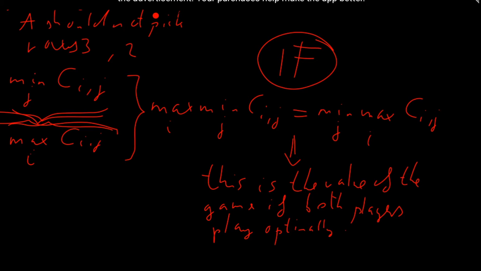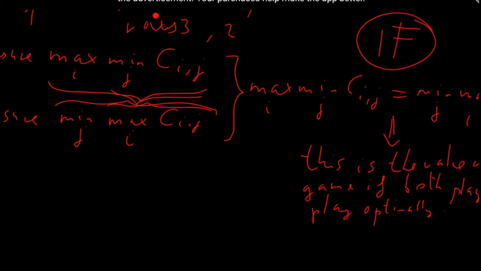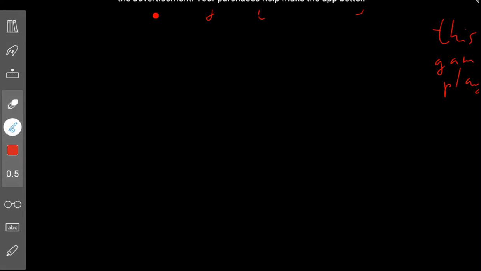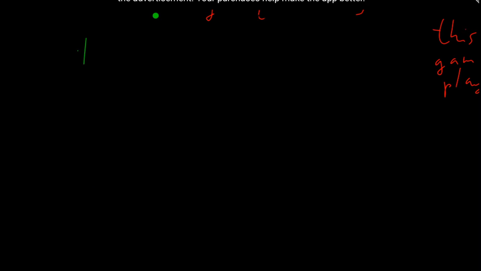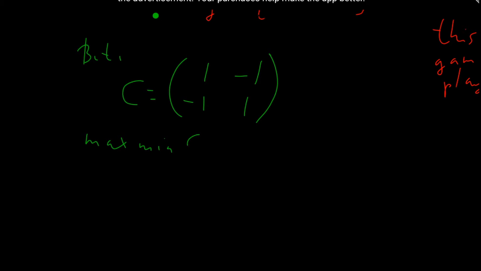Now, in general, this is not usually the case. So, for example, let's see another example. If I have another cost matrix, say 1, -1, -1, and 1. If I compute the maximum of the minimum of c_ij, I have to compute the minimum of each row.